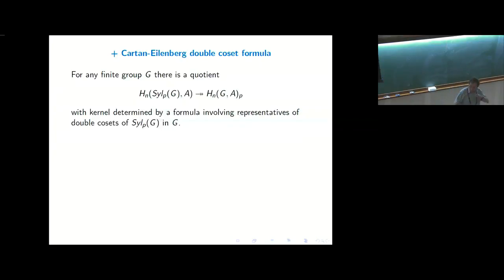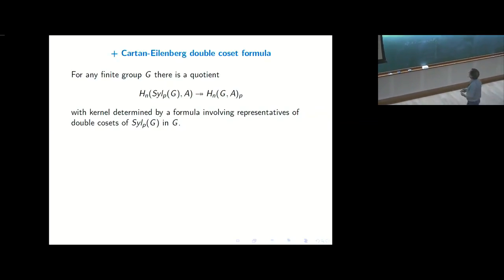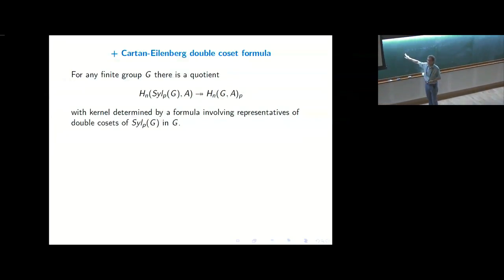And then there's a formula which goes back to Cartan-Eilenberg, which tells you what elements lie in the kernel. To get those elements, you actually have to do some kind of operating on the cohomology group. So you really need your arrows. You can't do it without the arrows, but if you have the arrows, you can work out those elements.